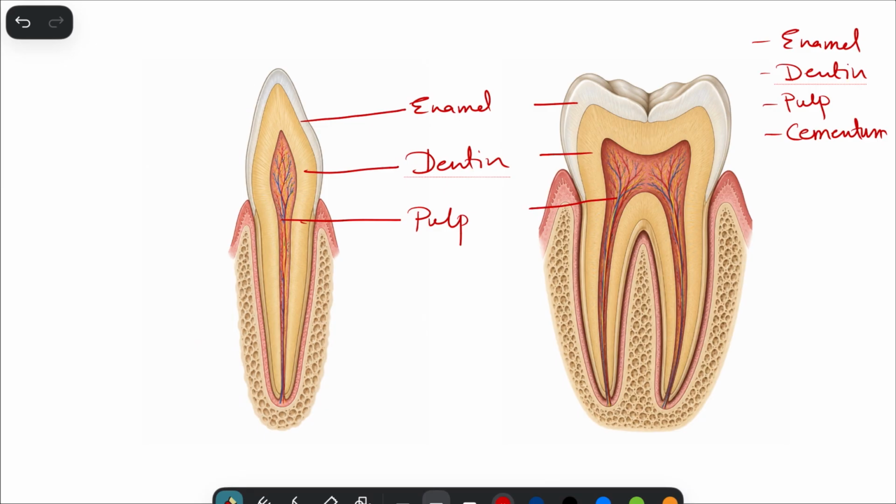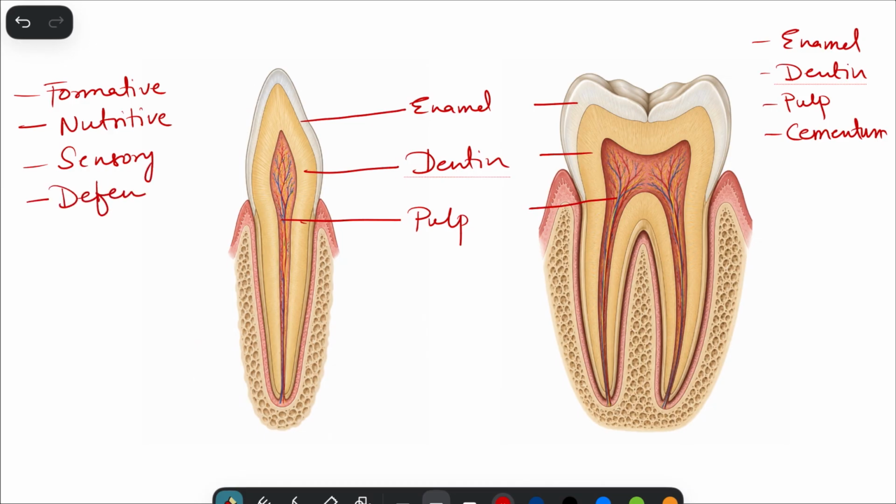Functions of pulp are formative, nutritive, sensory, and defensive. The functions of the pulp are very important because this is asked as an MCQ in first year sessionals or the external exams.